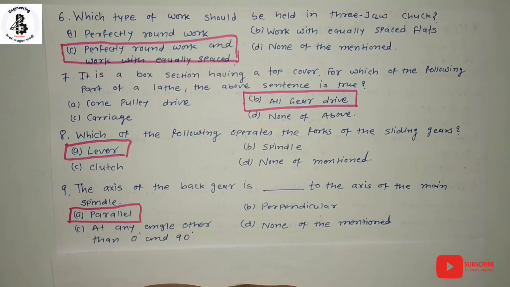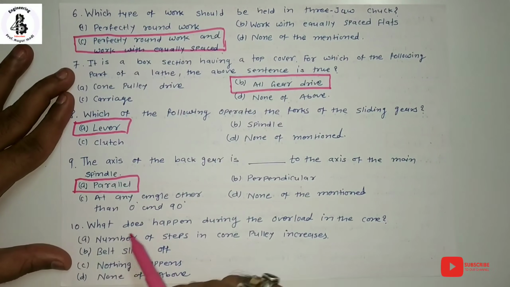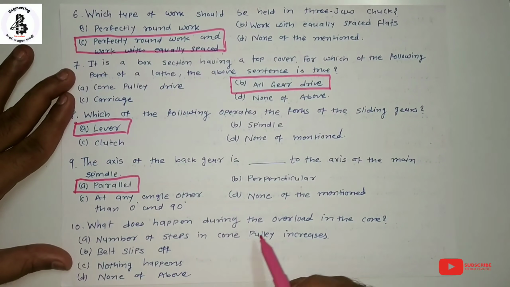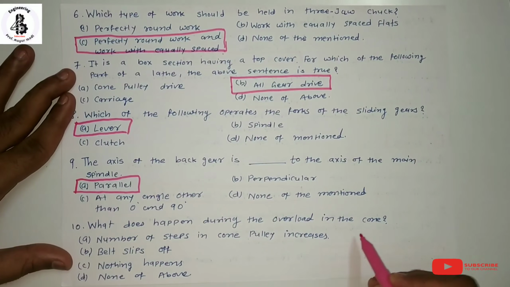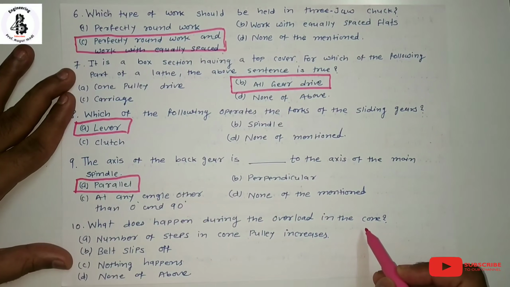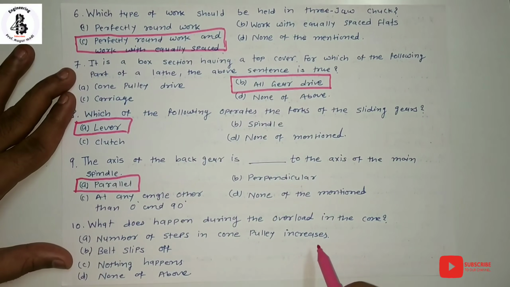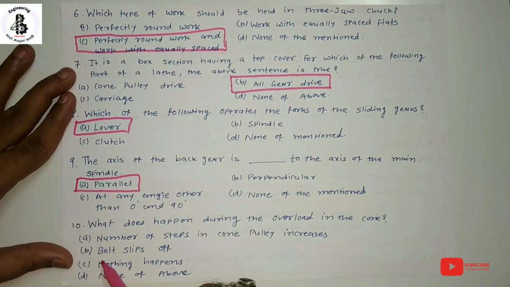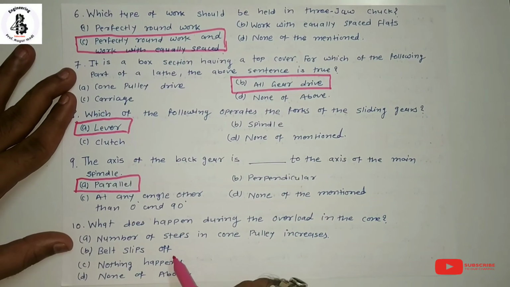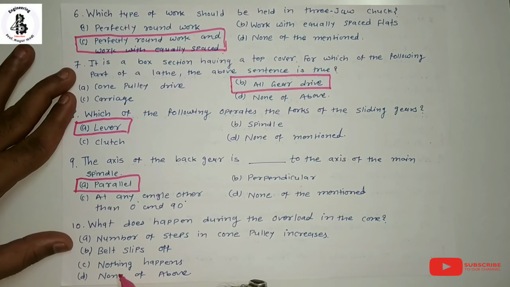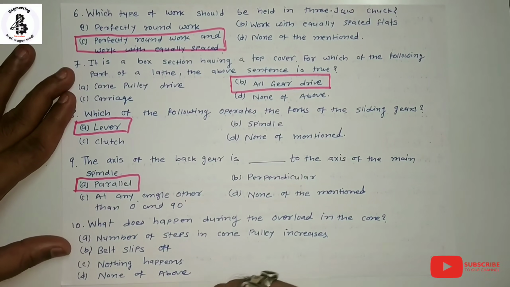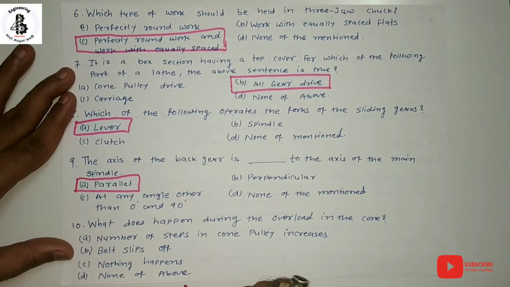Then last question, what happens during overload in the cone pulley? Option A, number of steps in the cone pulley increases. Option B, belt slips off. Option C, nothing happens. And option D, none of the above.